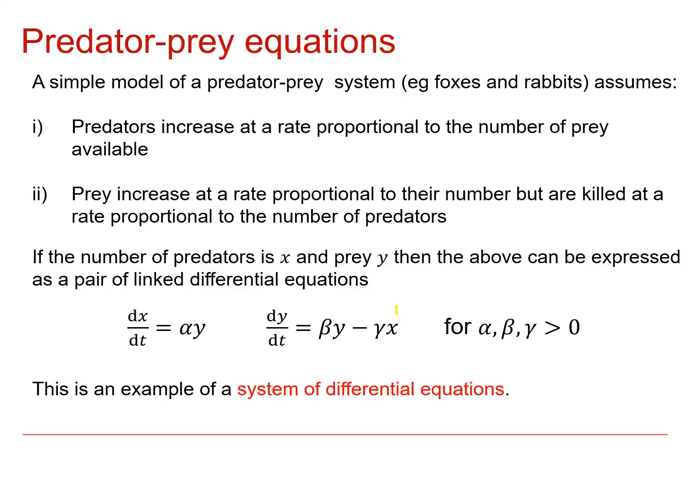There's that written up a little more neatly so that you can follow what's been done. The rate of increase of predators is some constant times the number of rabbits, and the prey increase at a rate proportional to how many prey you've got, minus something to do with the number of predators.